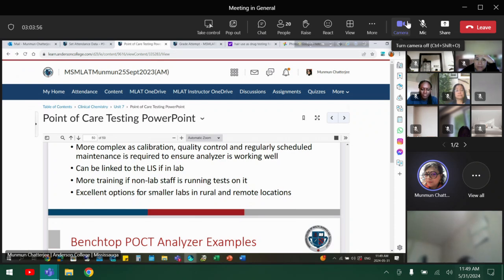Non-lab staff running tests on it is better to run who has the knowledge. Non-lab staff need to be properly trained if they have to run it. Excellent options for smaller labs in rural and remote locations for sure.